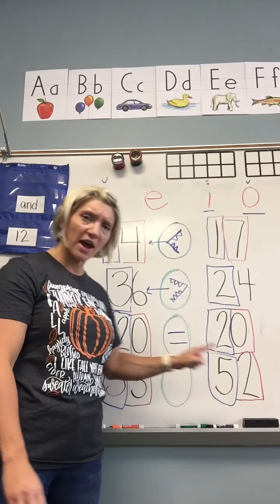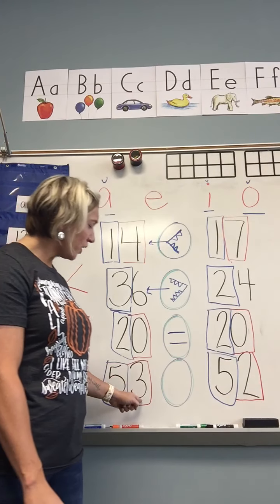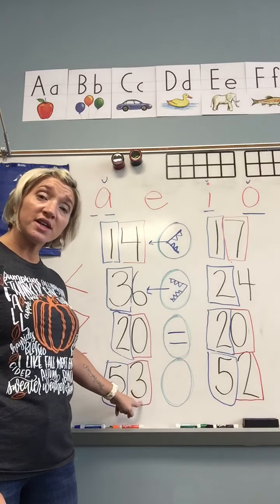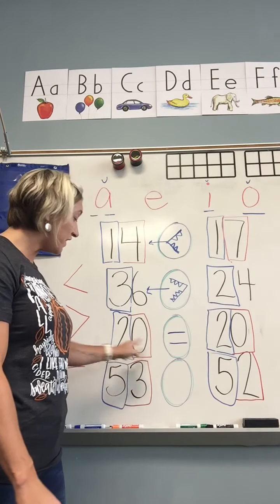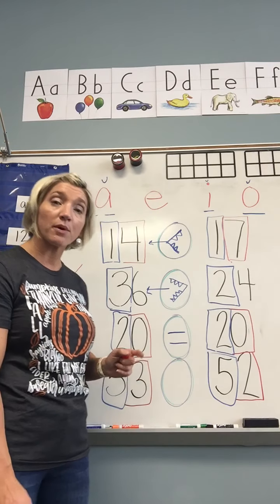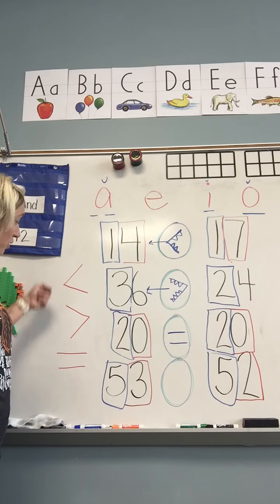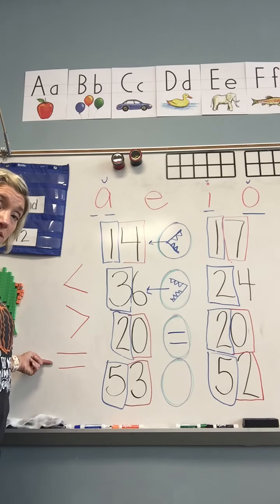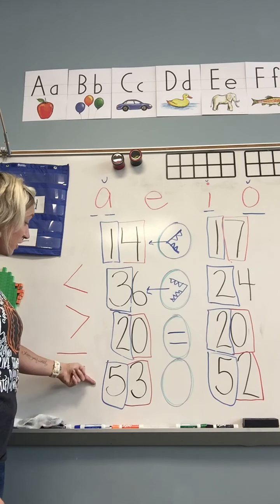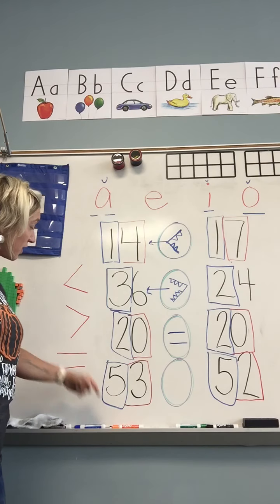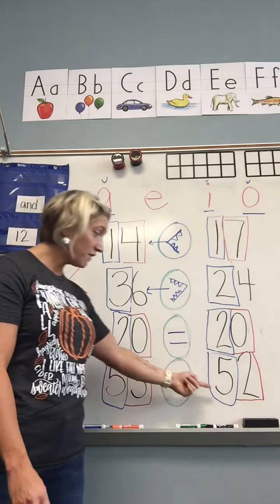Can we compare now? Yes. Which number is greater? 3. 3 is greater than 2. So I know that 53 is the greatest number. When I'm using my symbol to represent this, which symbol am I going to use? Am I going to use 53 is less than 52? Am I going to use 53 is greater than 52?